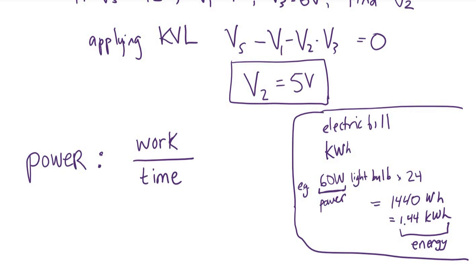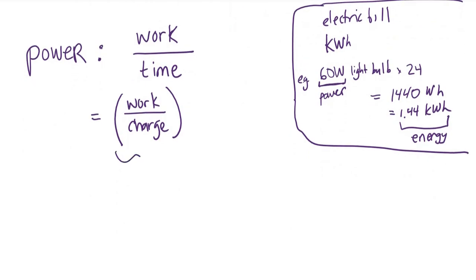Anyway, what we're talking about is power equal to work per unit time. And what's convenient about defining power this way is that it's equal to work per unit charge, which we just saw earlier today, that's our definition of voltage, times charge per unit time.